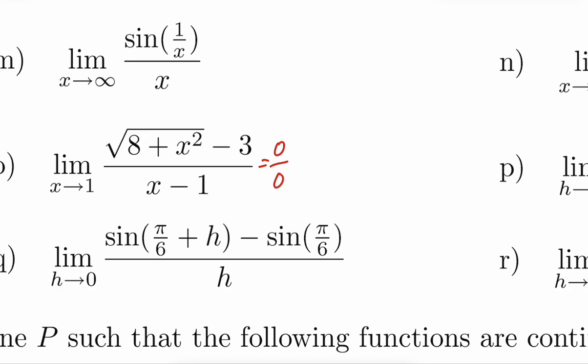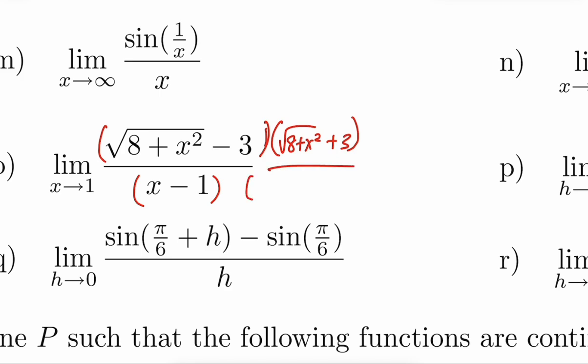I need to fix it. Well, for a square root problem, we fix the hole by using the conjugate. So just surround top and bottom by parentheses. Multiply the top by the square root of 8 plus x squared plus 3 on top and bottom.